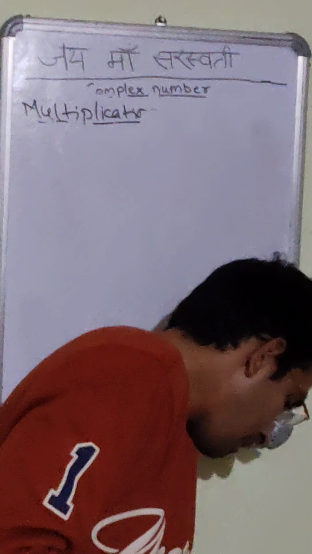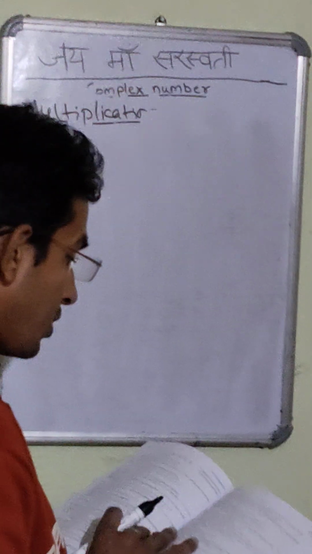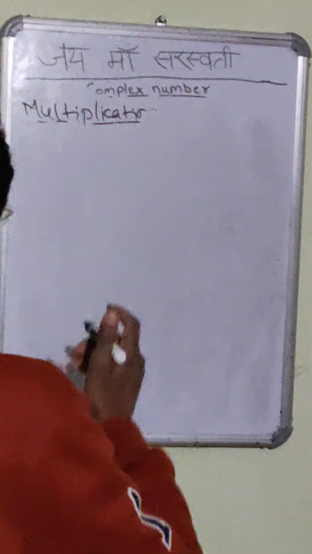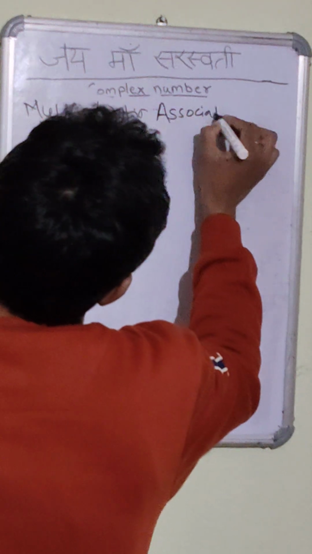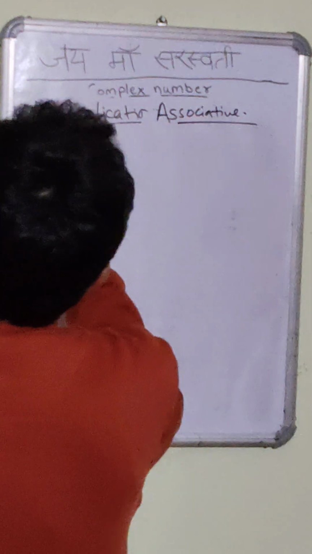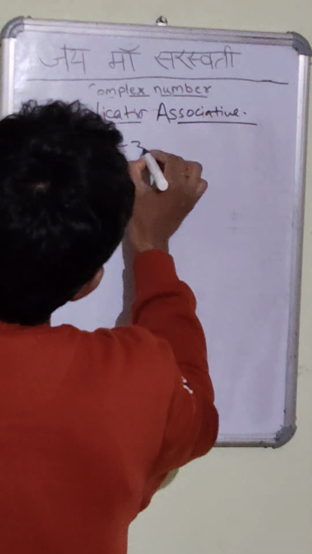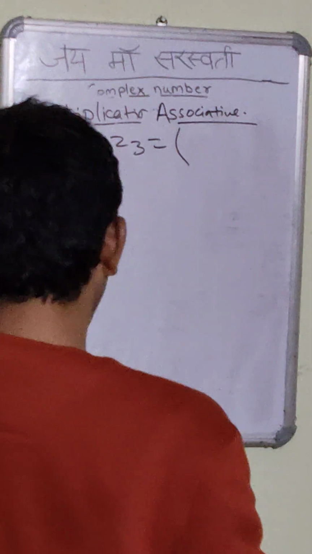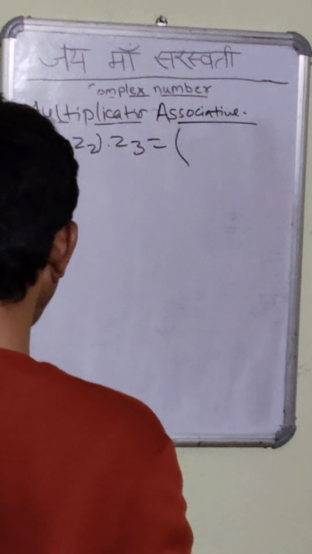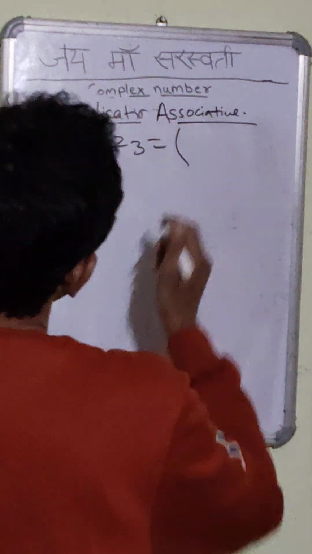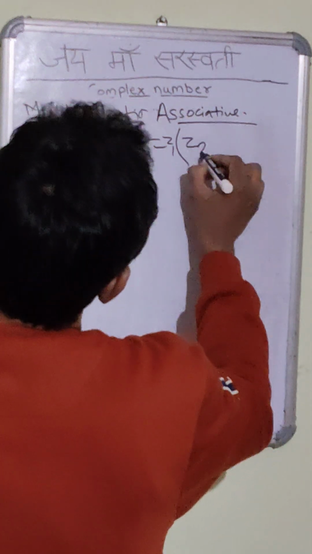The second property is that the multiplication of complex numbers is associative in nature. So (Z1 into Z2) into Z3 is equal to Z1 into (Z2 into Z3).